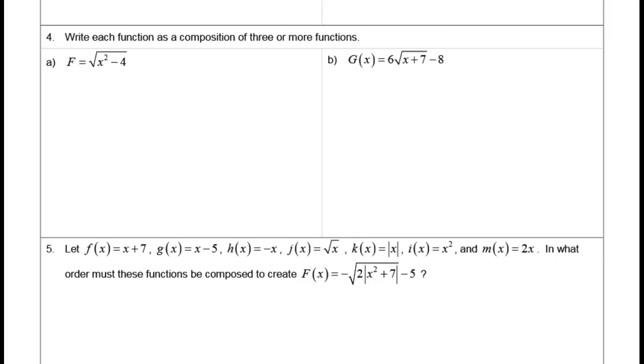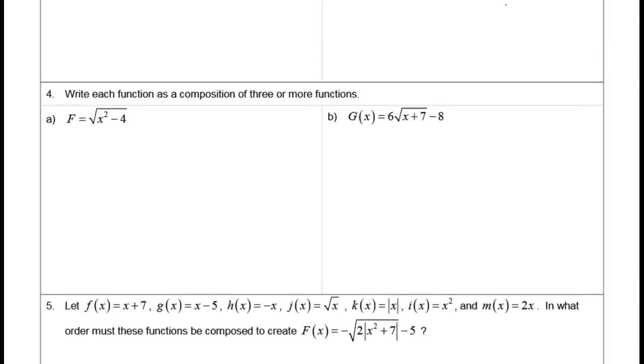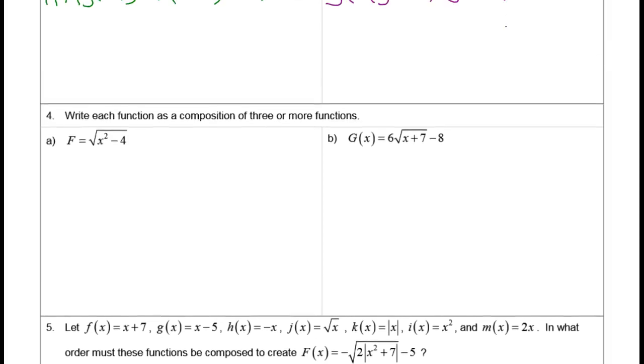I'm going to start with A here and say that I can do this if I let f of x equal x squared, and that will take care of the x squared, and let's let g of x equal x minus 4.